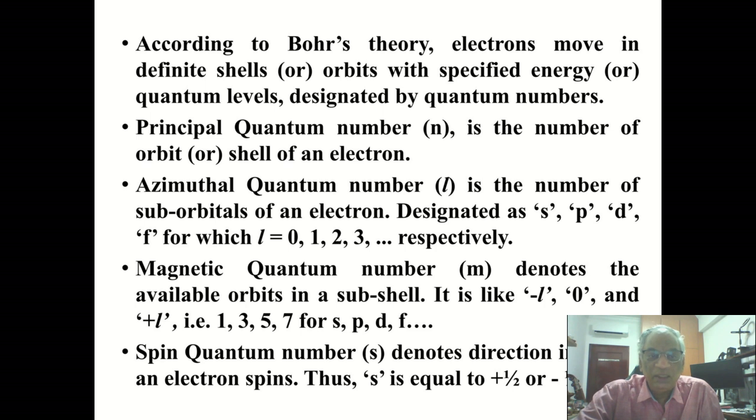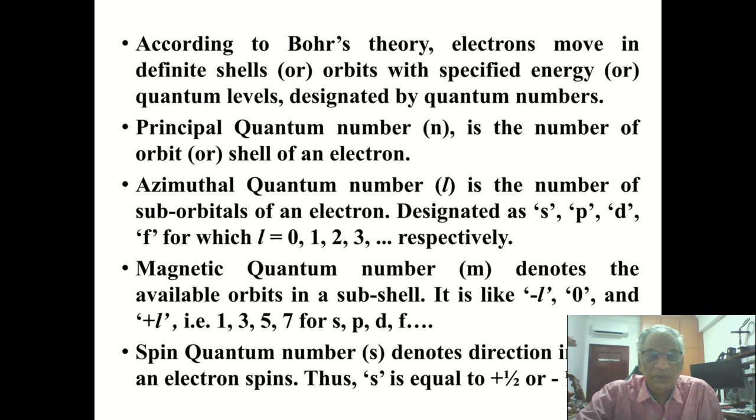They are designated as s, p, d, f in small letters, for which the azimuthal quantum number L is equal to 0, 1, 2, 3, etc. respectively. The magnetic quantum number denotes the available orbitals in a particular subshell. It runs from minus L through 0 to plus L. For the first subshell, L is 0, so the magnetic quantum number has only 1 value.